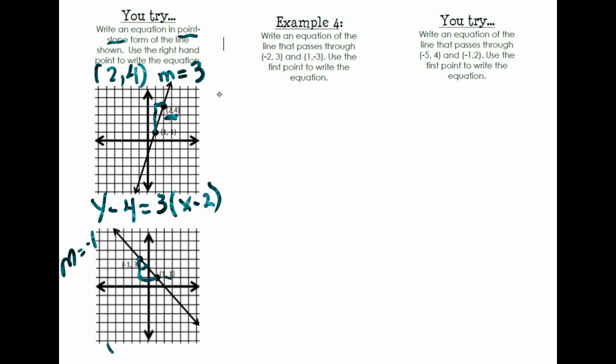So I have y, you were supposed to do this for homework. Well, I guess I'm doing it for you. Y minus, what's my y coordinate? 1 is equal to my slope, -1. Math competent people know that I could just put a negative sign out there. And then x minus 1. Okay? And that will be that.